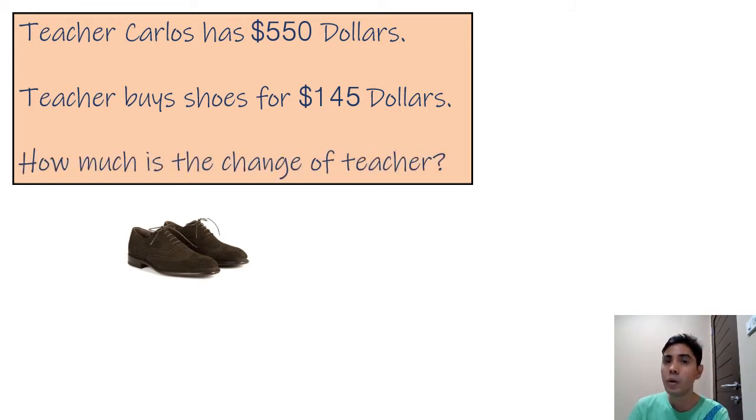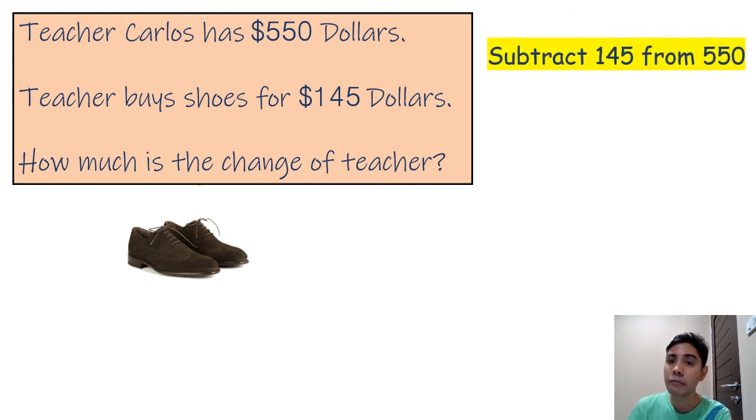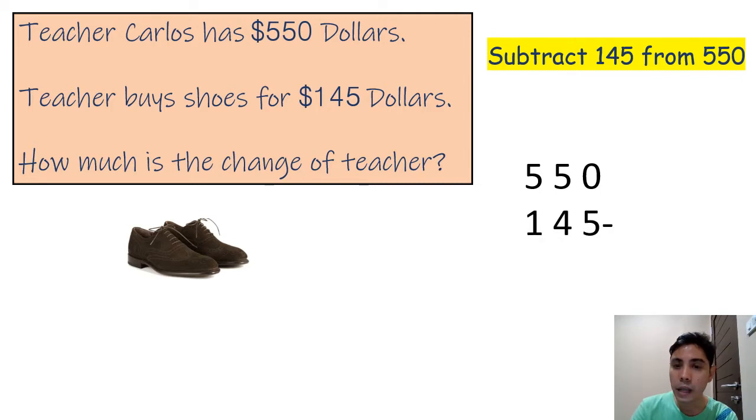What do we do? We subtract $145 from $550. So let's write the place value. 550 take away 145. We start with the ones place. 0, take away 5.